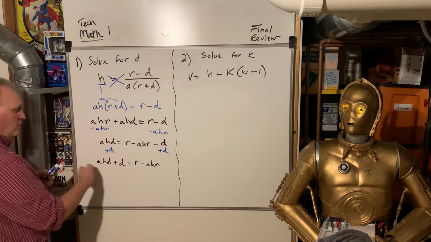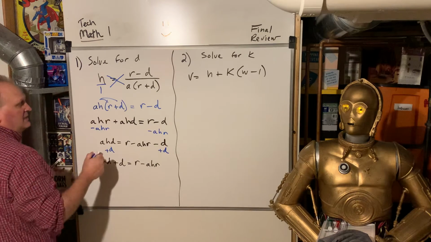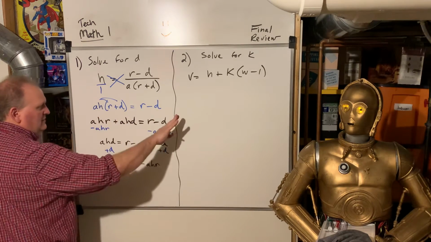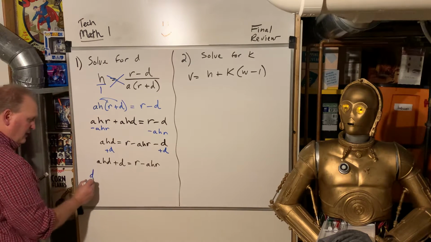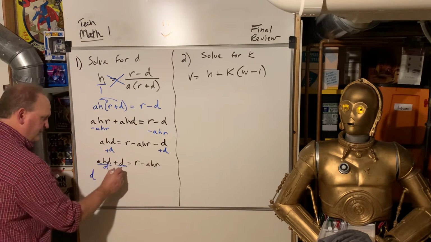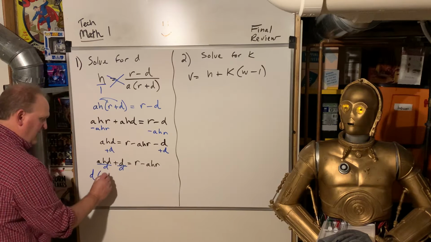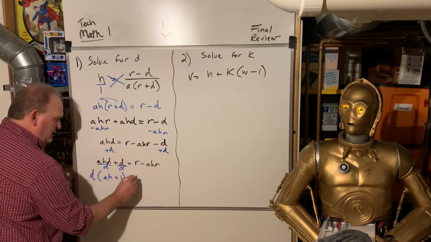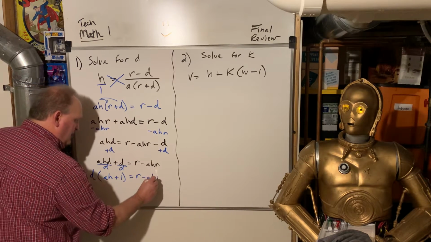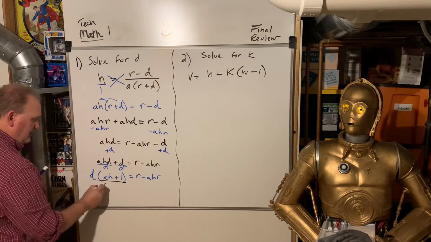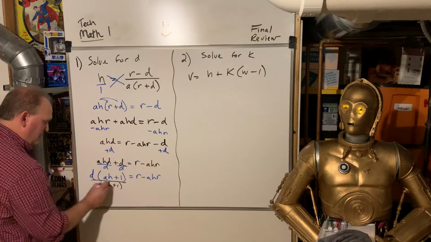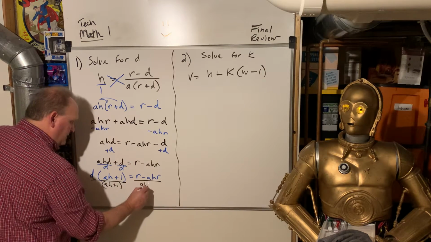And so now we have to factor out the D. So we got everything that wasn't D over to the right side, everything that was D over to the left side. We now factor out the D. And we end up with D times AH plus 1 is equal to R minus AHR. And now we divide by AH plus 1.